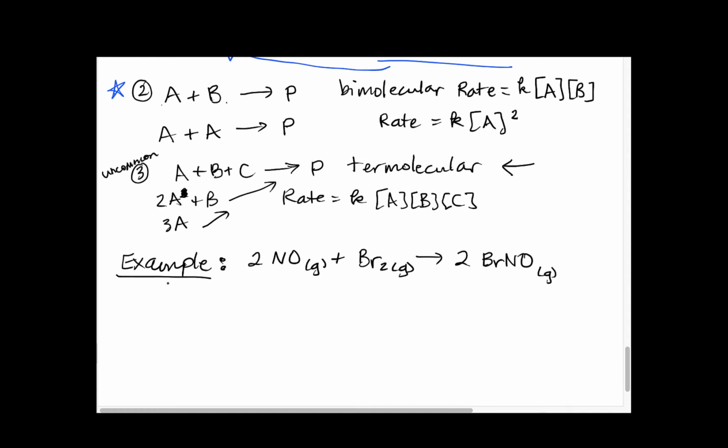With this reaction, we're pretty sure that in our first step, 1 bromine gas molecule interacts with 1 nitric oxide molecule to establish an equilibrium with Br2NO. So they sort of just join together.